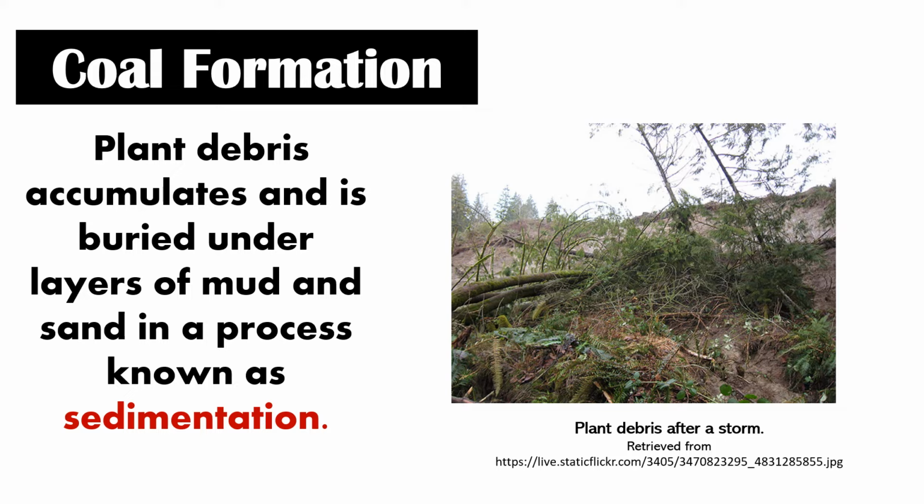This may happen over a long period of time and repeatedly, paulit-ulit. There will be disturbances dun sa vegetation, making it accumulate at the bottom of a body of water. Then matatabunan ng mud or sand, which we refer to as sedimentation.